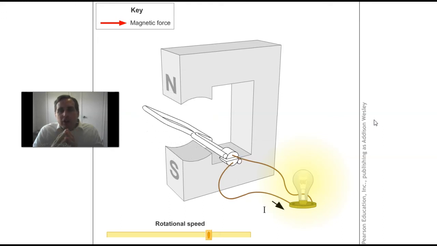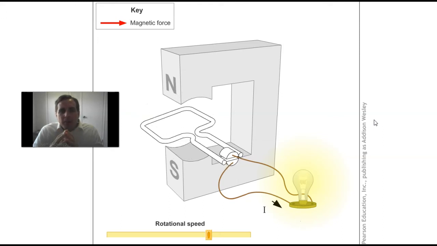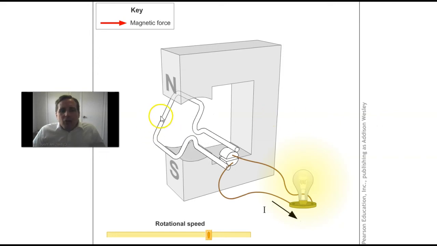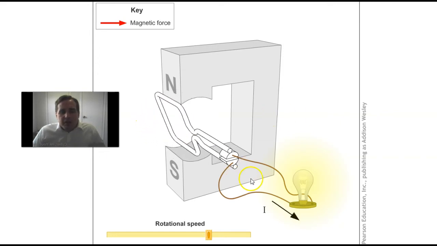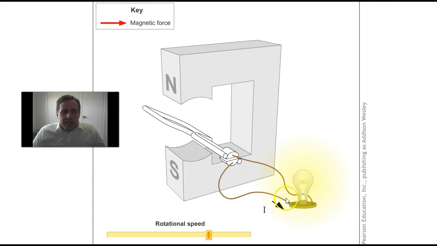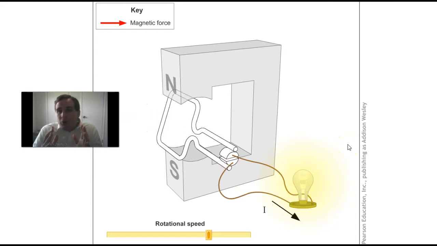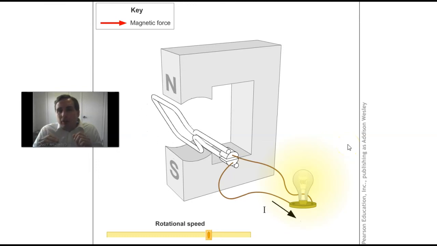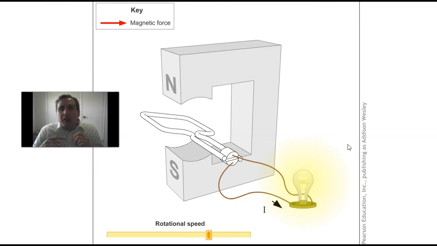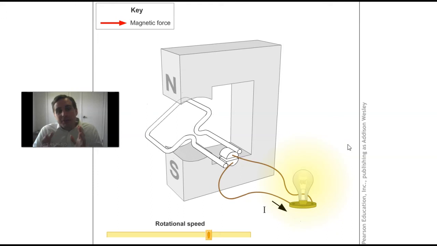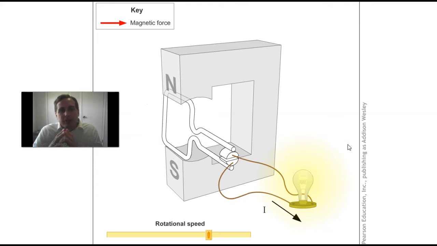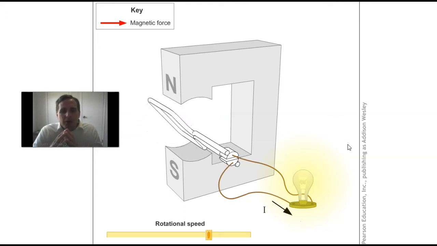Now, an electric generator is going to be the following. Mechanical energy is the input, and electrical energy is the output. Now, that's different from an electric motor. Remember, an electric motor had electrical energy as the input and mechanical energy as the output. So in some sense, it's almost sort of the reverse of an electric motor.